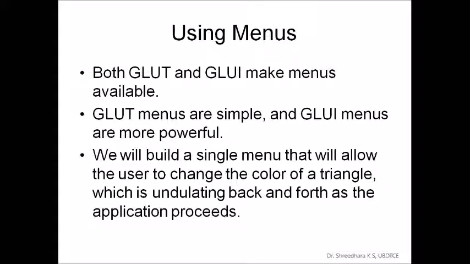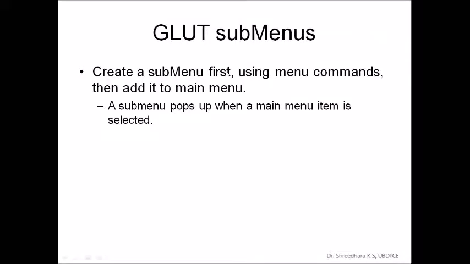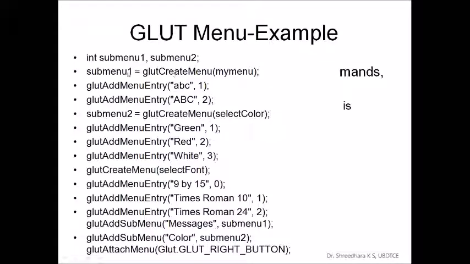Just to understand one small piece: int is a variable, and submenu1 and submenu2 are the IDs. Submenu1 equals glutCreateMenu(myMenu); for myMenu, you are creating this submenu. Add entries for these submenus: if you say ABC1 in capitals, this is the string you supply to the menu, and this is ID 2.